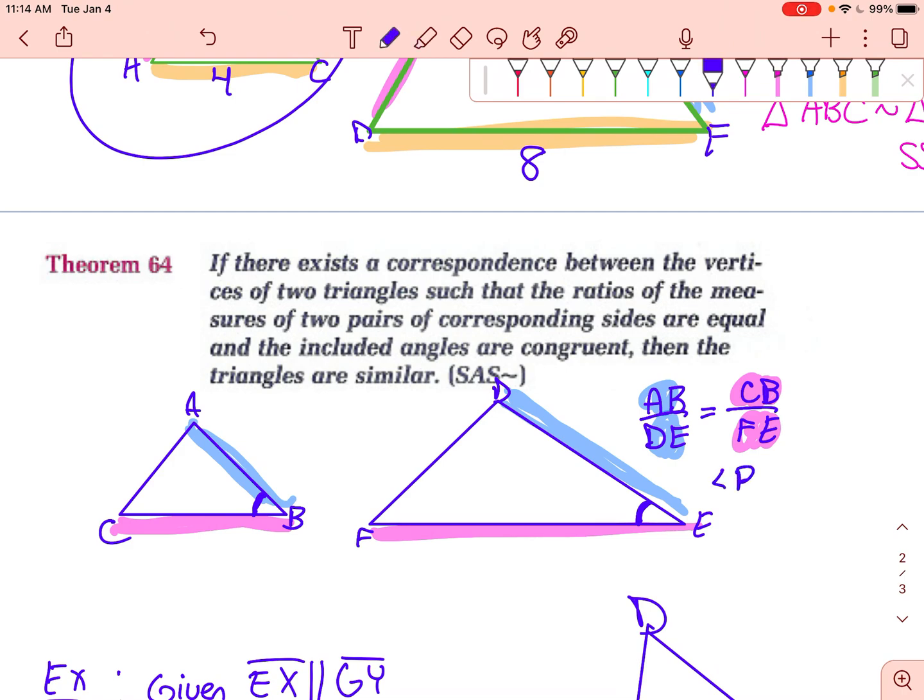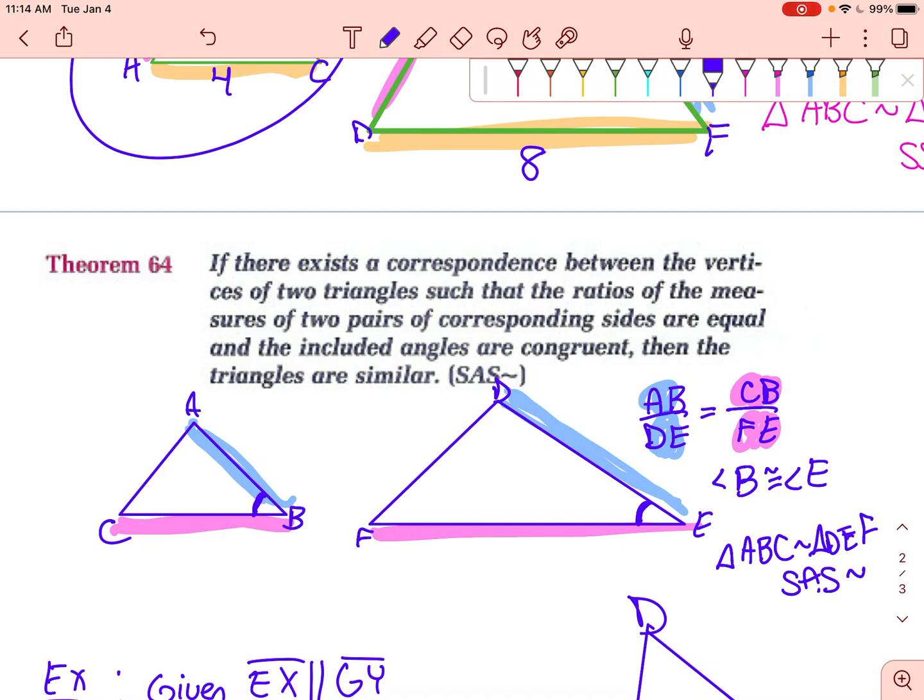And we have angle B equal to angle E. I know that triangle ABC is similar to triangle DEF, and that is by side, angle, side similarity. You can clearly see I have an angle that is congruent and sides that are proportionate.